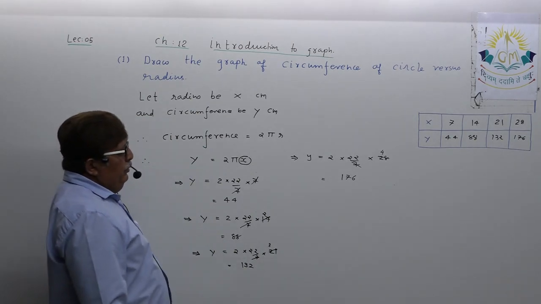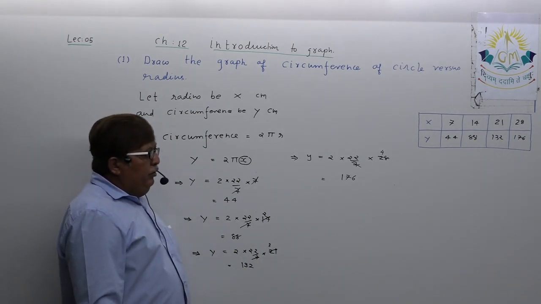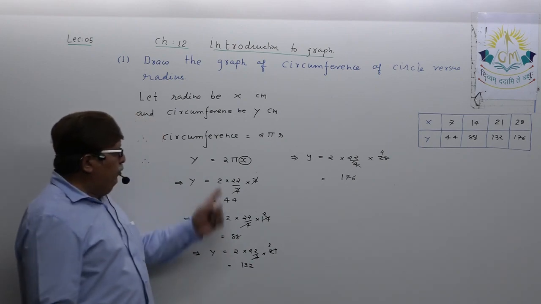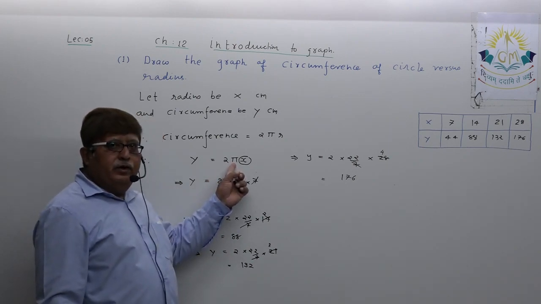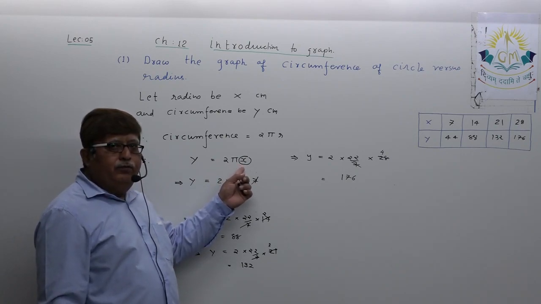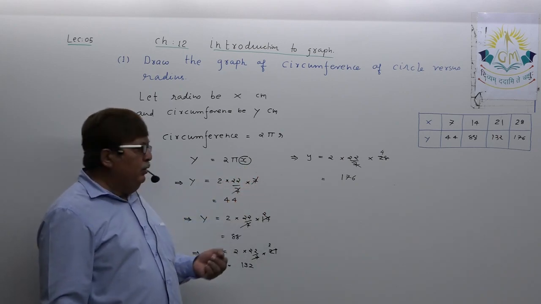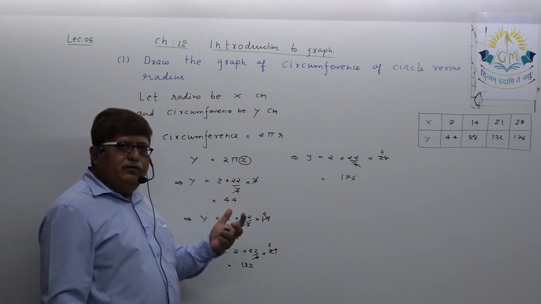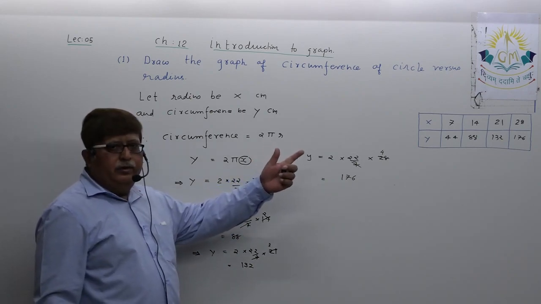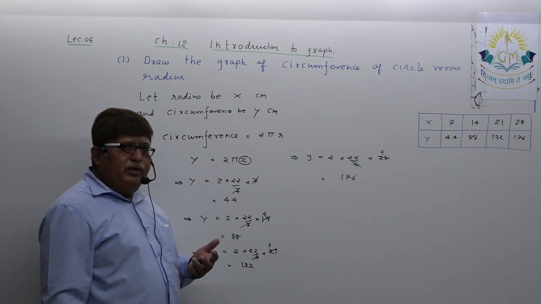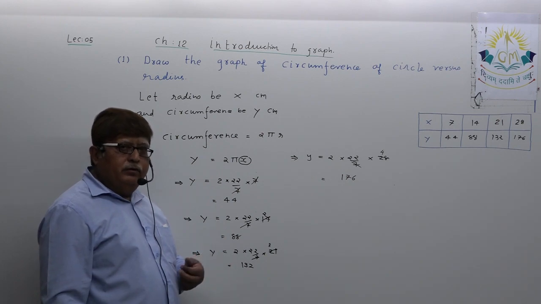So, dear student, that's why we intentionally took this example today. You may get confused here, and if you take the value of x as 1, 2, 3, 4, it becomes a little difficult. No doubt you can do it, but it becomes difficult to get the integral values, and again more difficult to represent them on the graph.